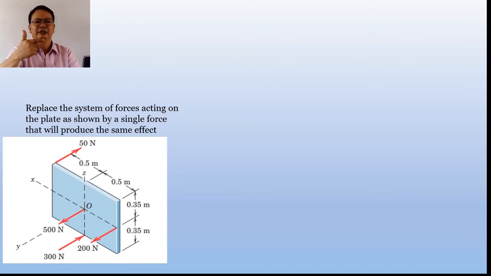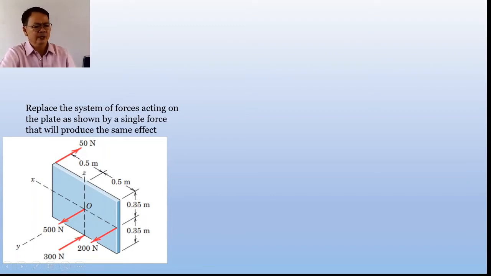Kinakailangan lamang nating maintindihan paano gamitin itong ating right-hand thumb in pointing the direction of the positive x-axis, the positive y-axis, or the positive z-axis. Actually, meron tayong tatlong orientation on how the directions of the positive x, y, and z-axis can be pointed using the right-hand thumb principle or right-hand thumb rule.